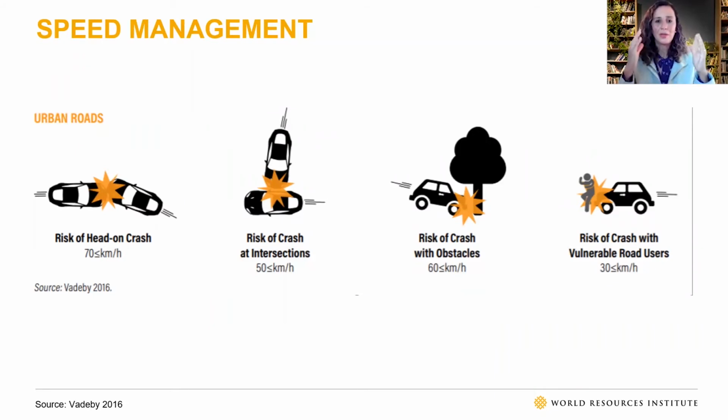This is also very important to consider. When we talk about the speed management, we want to see the vehicles that are in our cities. What is the speed that they will withstand if they are in a crash? So this is what Volvo commits to do.